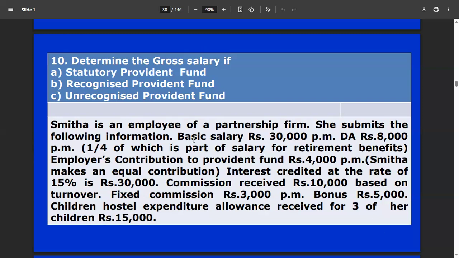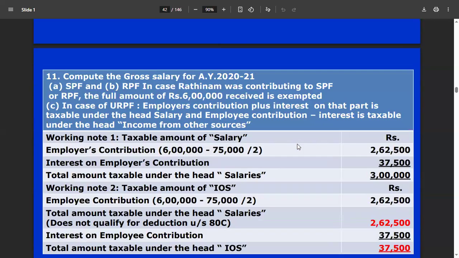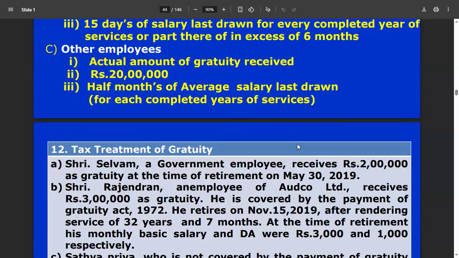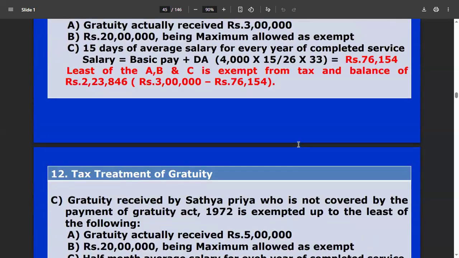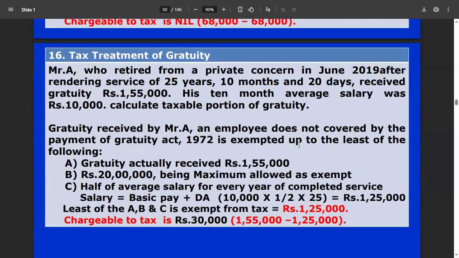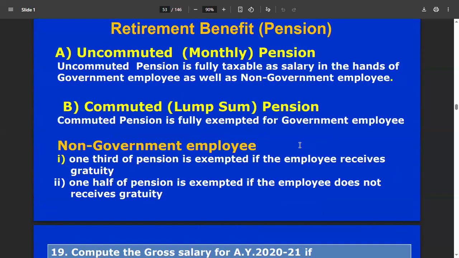We are going to discuss provident fund. Then, after provident fund, we're going to talk about calculation of gratuity as a revision. Then, after gratuity, we are going to talk about commuted and uncommuted pension.